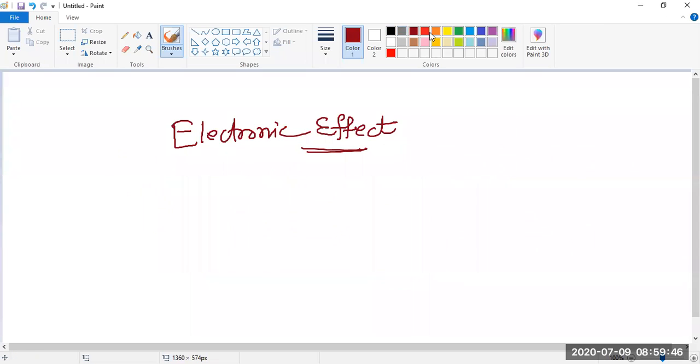I am drawing again the structures of aldehyde and ketone. This is our aldehyde, and this is the ketone.